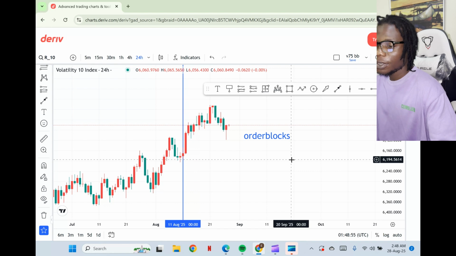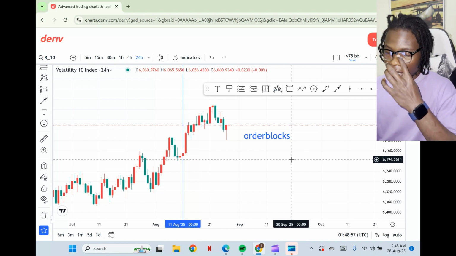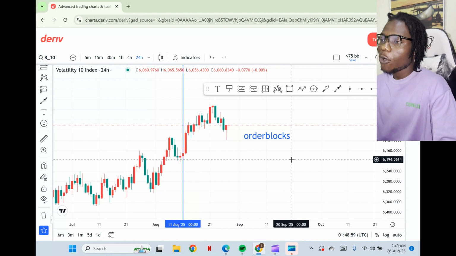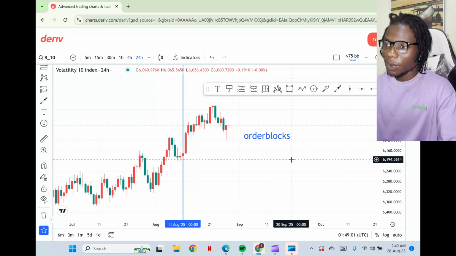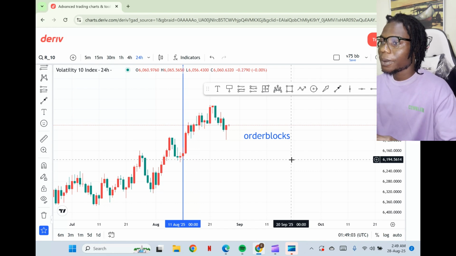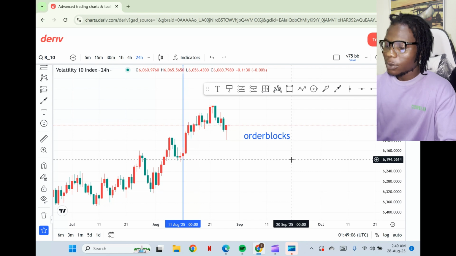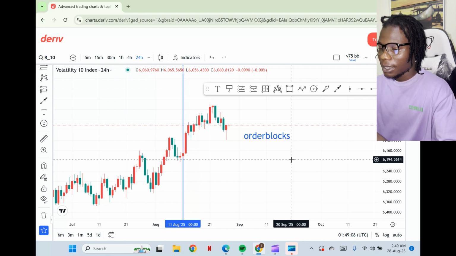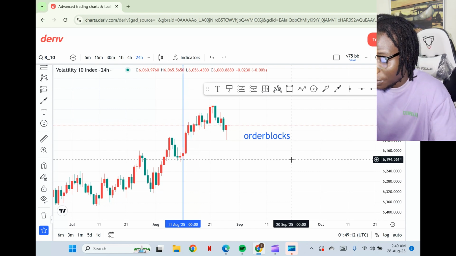The main reason they call it order block is that this is where orders have been stored in the market, areas where people are comfortable and say, okay, I want to buy here, I want to sell here.